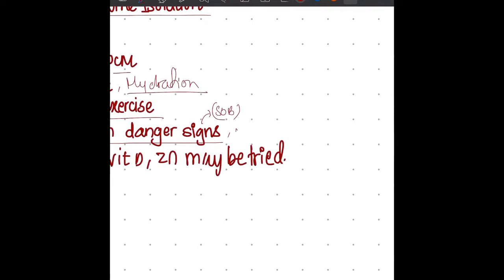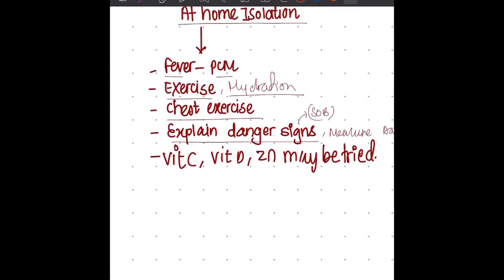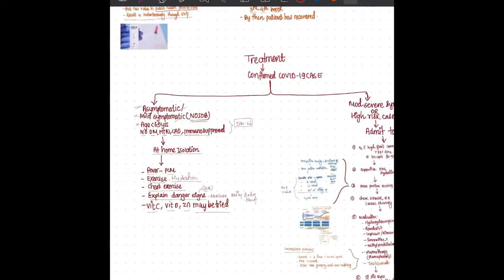Ask the patient to measure daily body temperature, right? And in some cases the patient may be prescribed vitamin C, vitamin D, zinc may be tried because all these vitamins have been thought to be protective against viral proliferation, but they are not proven for sure.